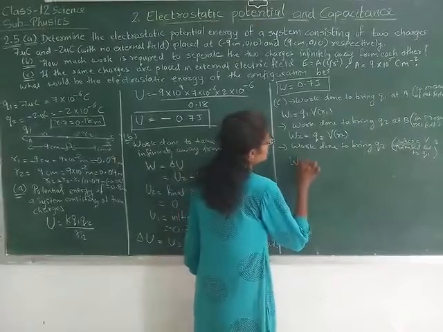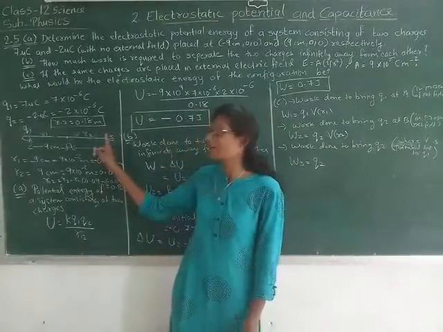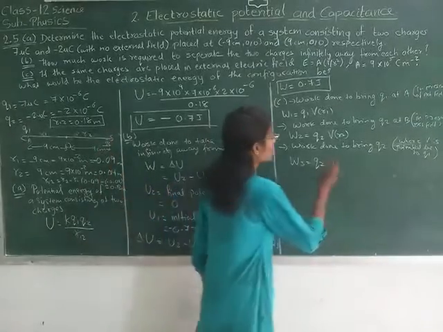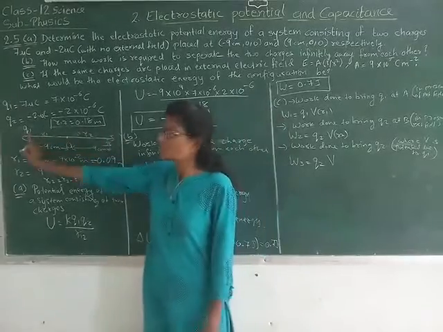So we can write W3 equals Q2, the charge which we need to bring at point B, into the potential at this point due to the charge Q1.